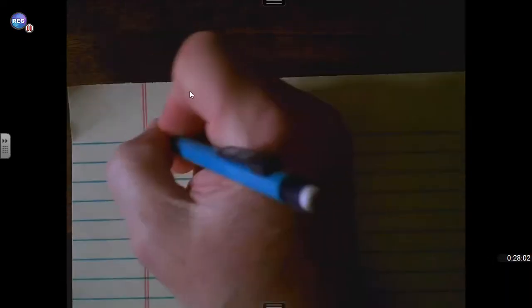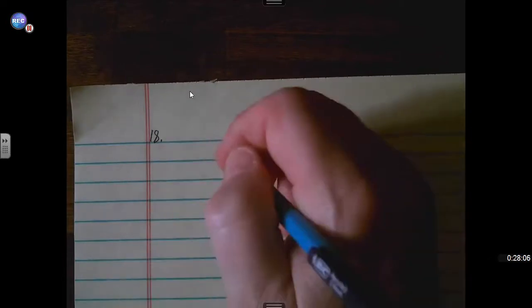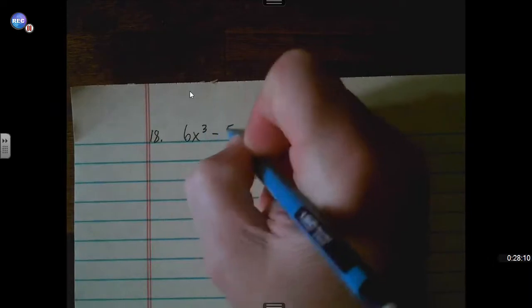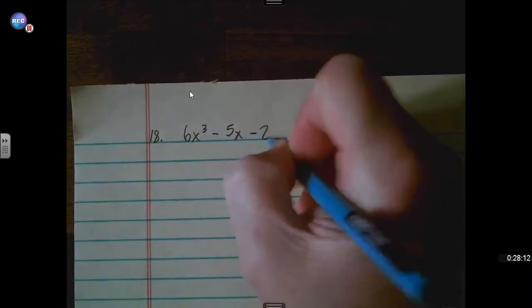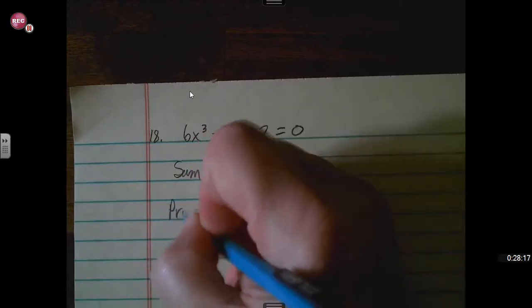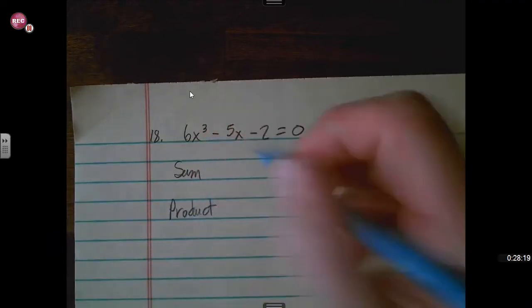Number 18. This is a good one too. We have 6x cubed minus 5x minus 2. And we're supposed to find the sum and product of the roots.